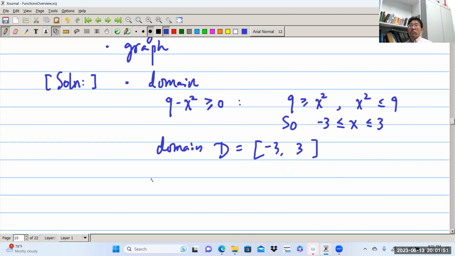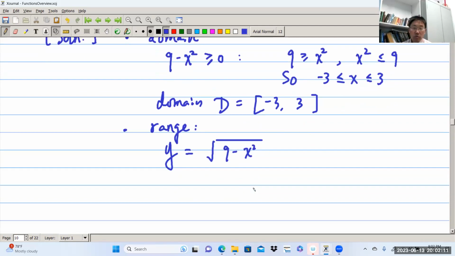Now, how about the range of this function? Can you find the range of this function algebraically? So y is the square root of 9 minus x squared, right? Let me ask you, what's the smallest value for 9 minus x squared to make this function happy?